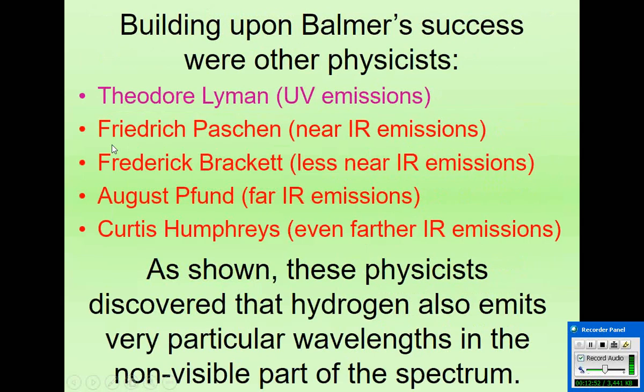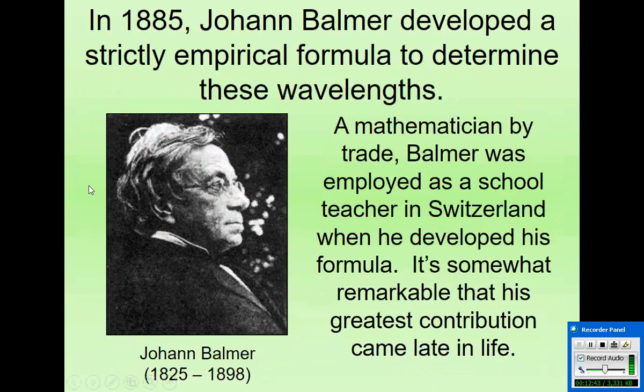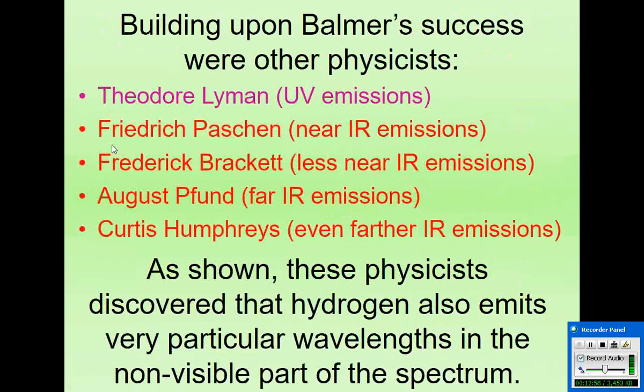And later, it was found that hydrogen emitted other kinds of light, non-visible types of light, that could also have empirical formulas for their very particular wavelengths. Theodore Lyman discovered ultraviolet radiation from hydrogen atoms.